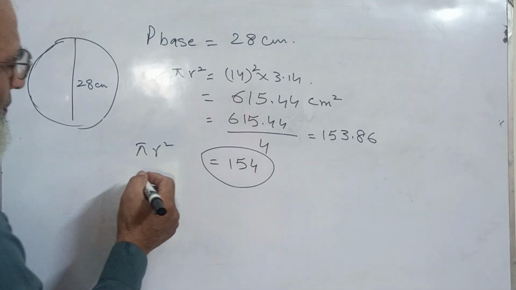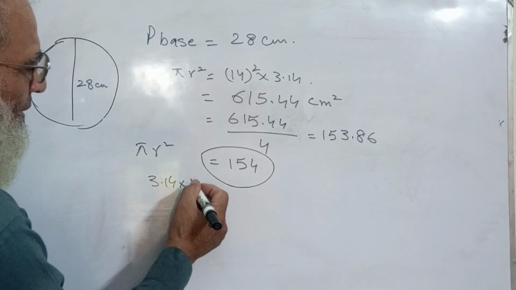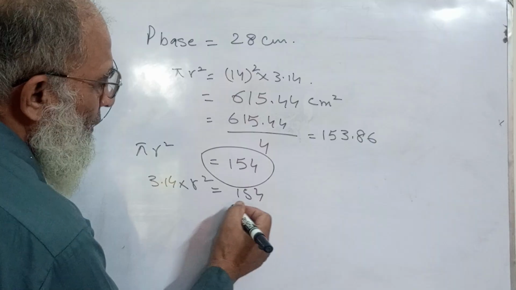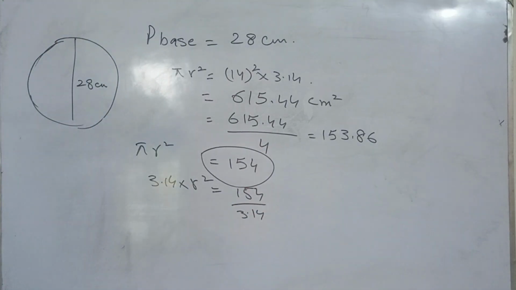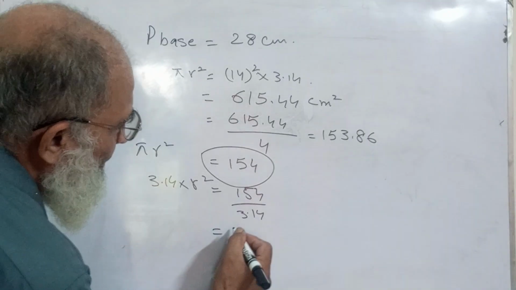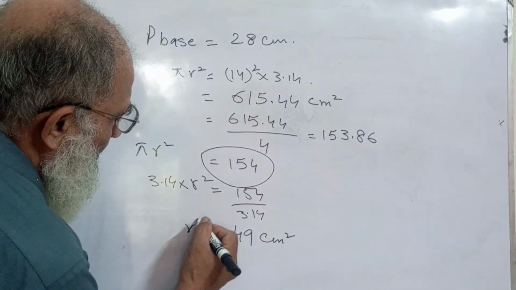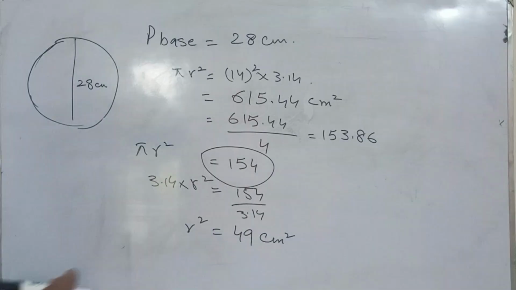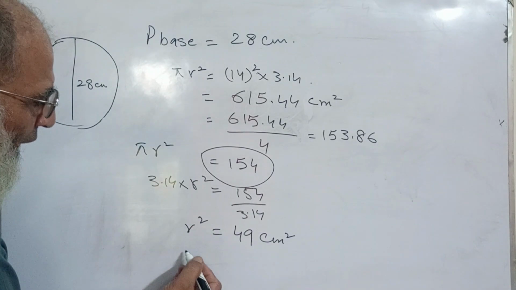Now what do we do? This is 3.14 multiplied by r square, so r square is 154 divided by 3.14, which equals 49 centimeter square. It is very easy to get r from here.